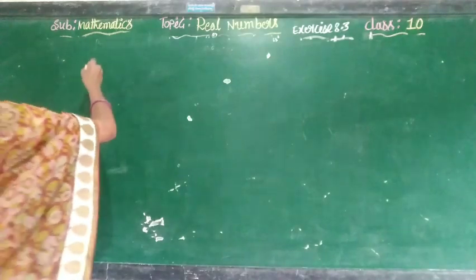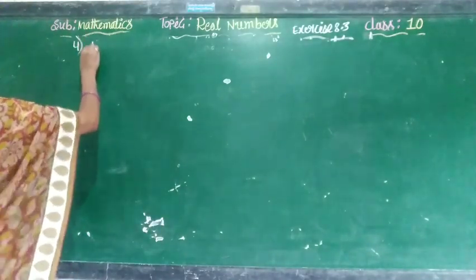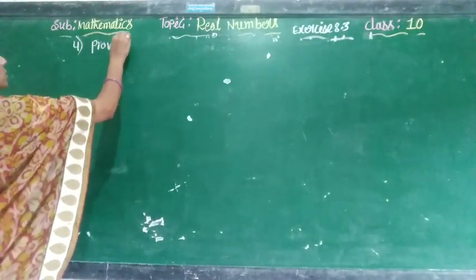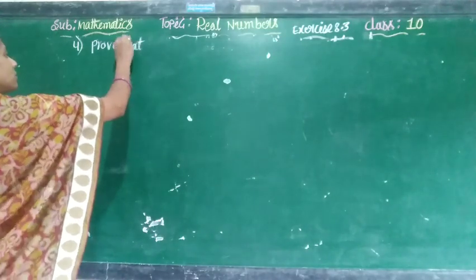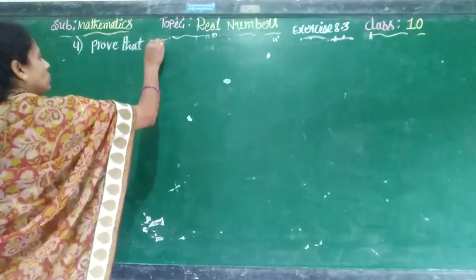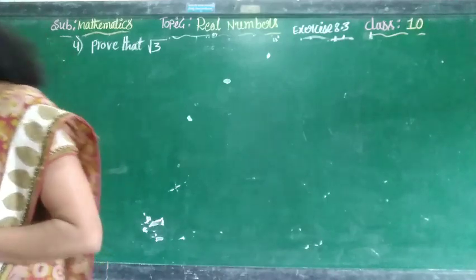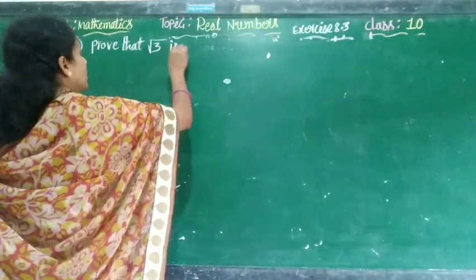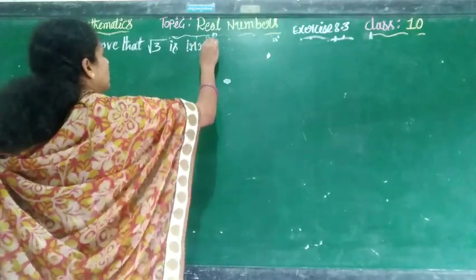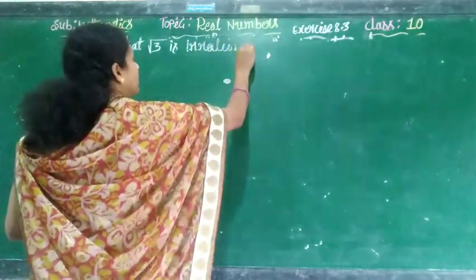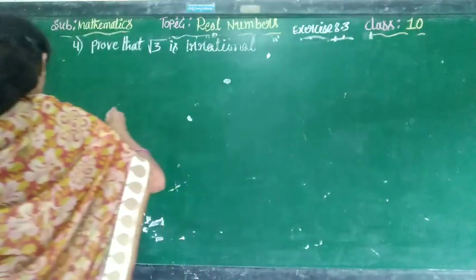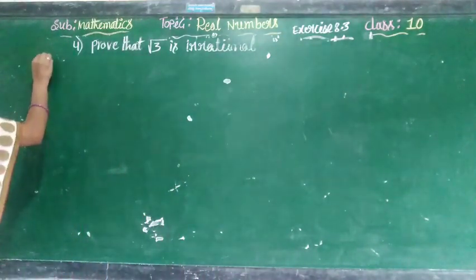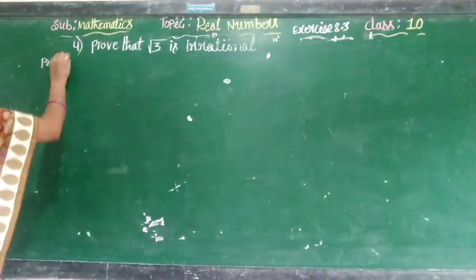Last problem. Prove that root 3 is irrational. Proof.